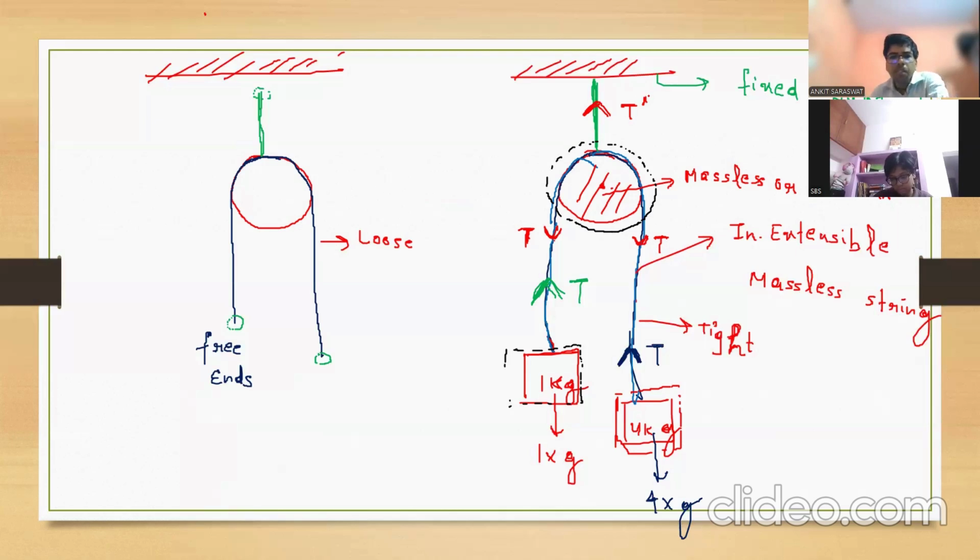Now since the pulley is massless or smooth, can you say this T dash? If I ask you, the entire system is in equilibrium. This pulley is not moving, as it is attached to a fixed support. Will you see the pulley moving? The pulley will not move because it is attached to a fixed support. It is not doing any translational motion.